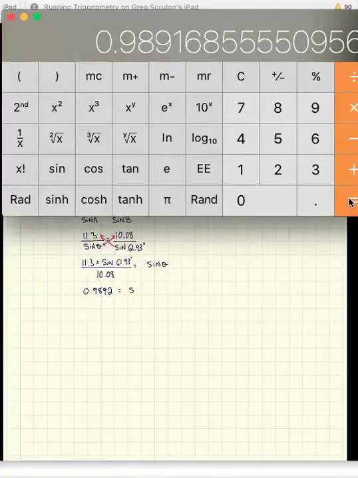Now I want to get theta alone, so I'm going to take the inverse sine of both sides. You don't actually have to write this step. So I'm taking the inverse sine of both sides of 0.9892 is equal to sine of theta. And the inverse sine and this sine will totally cancel.